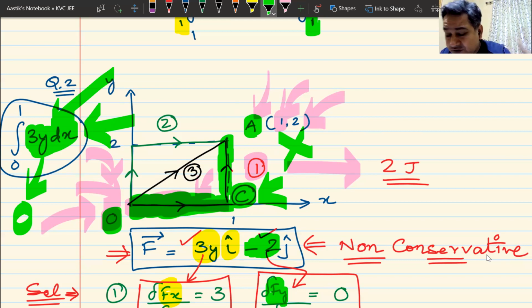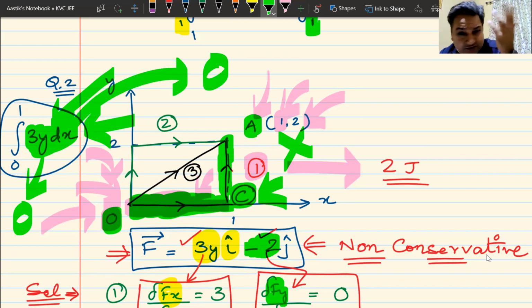Remember, this is a question from JEE Advanced, probably the most difficult question that can come. It takes a bit of understanding. From C to A, x does not change, so the value of dx becomes 0. Dx means change in x, and x does not change.